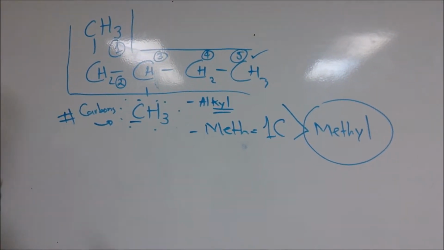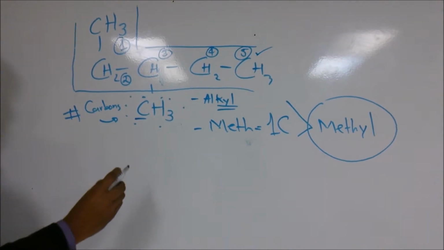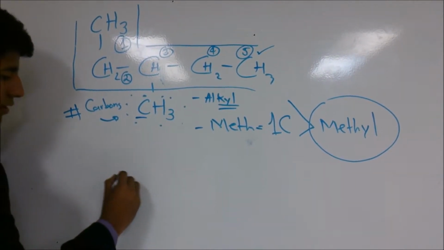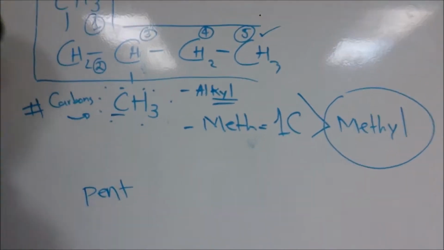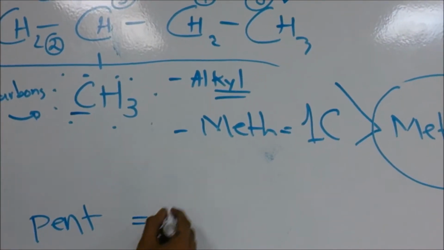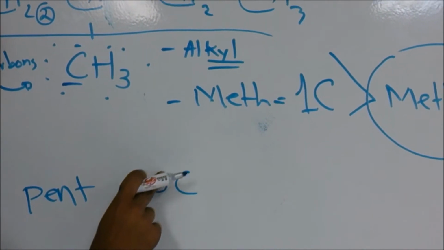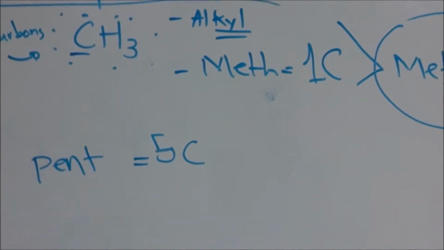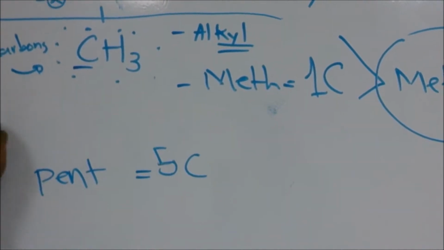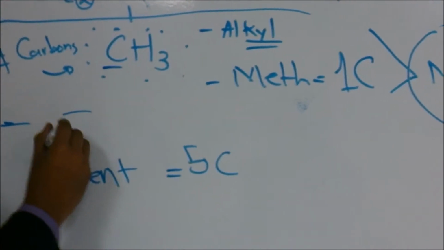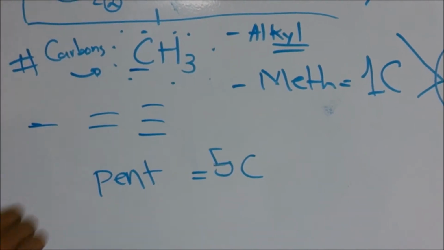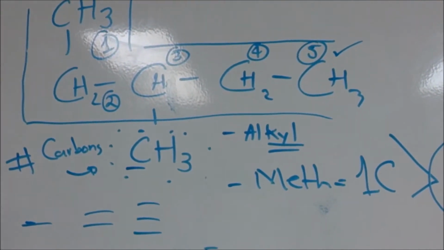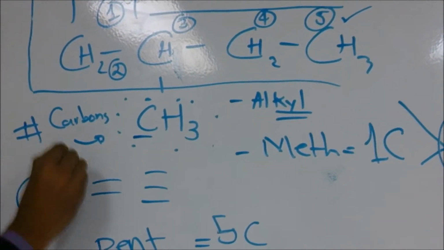So our name will start with pent. Pent stands for 5 carbons. So now we need to identify if we are talking about an alkene, an alkyne, or an alkane. We can't identify any type of double bonding or triple bonding. So in this case, we are talking about an alkane.